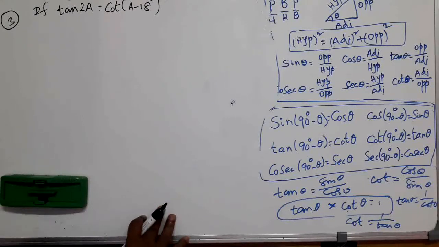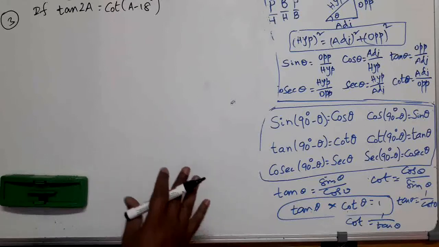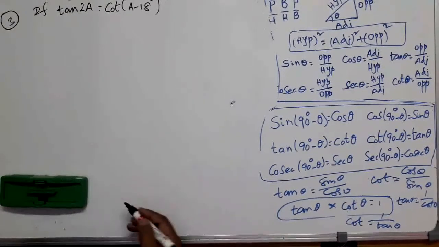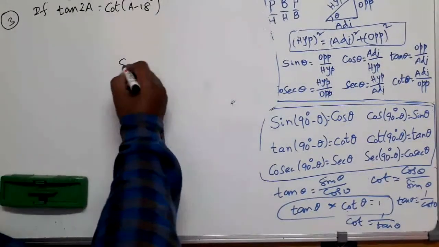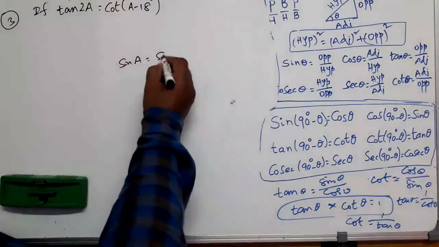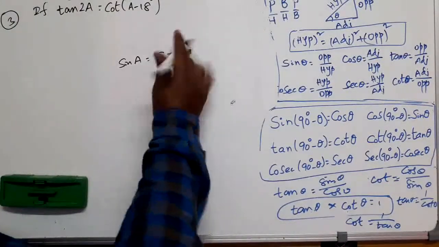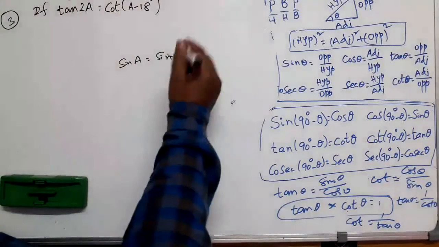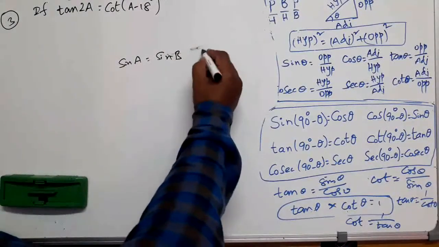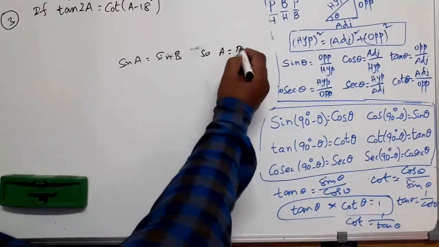In the same way, if tan A is equal to tan B, angle A is equal to angle B. See, if sin A is equal to sin B, you can say that A is equal to B.